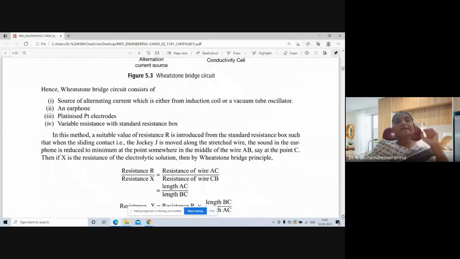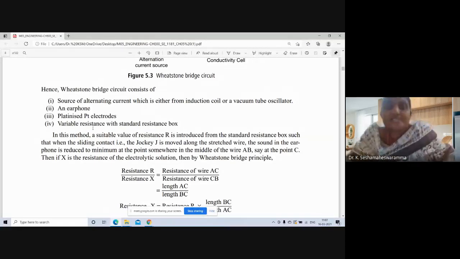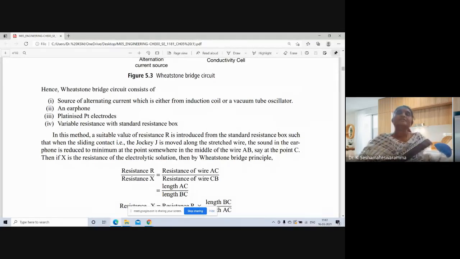We use whatever resistance is required. In this method, a suitable value of resistance R is introduced from the standard resistance box such that when the sliding contact, the jockey J, is moved along the stretched wire, the sound in the earphone is reduced to minimum at a point somewhere in the middle of the wire AB.